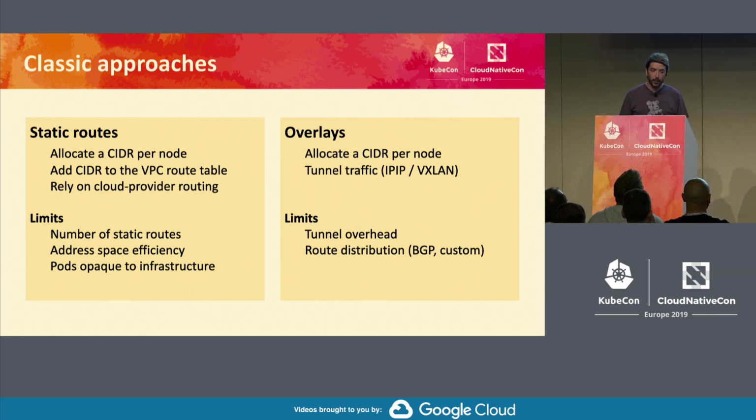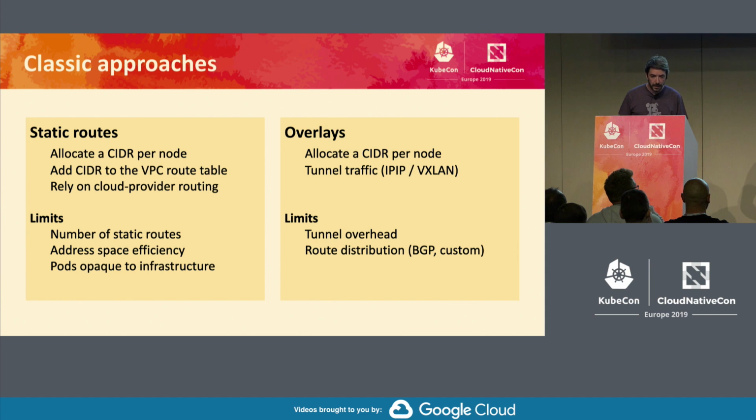This is very simple and works fine. However, there are limits in terms of the number of static routes. For instance, by default on AWS, you can't have more than 50 static routes, which means you can't have more than 50 nodes. And also, as we'll dive into later, it's not very efficient in terms of address space, because if you give a /24 to all the nodes and you have 10 to 20 pods per node, it's not going to be very efficient, and you're going to consume a lot of address space, and it's going to be tricky to manage.